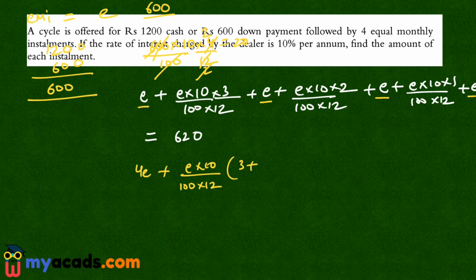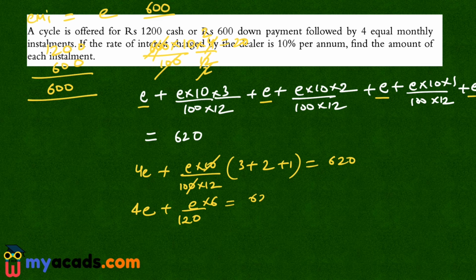What is left is 3 plus 2 plus 1 equals 620. This is 4E. 10 will cancel out. This is E divided by 120. This is 3, 4, 5 plus 1, 6 equals 620. This is 4E plus, this will cancel, 20.